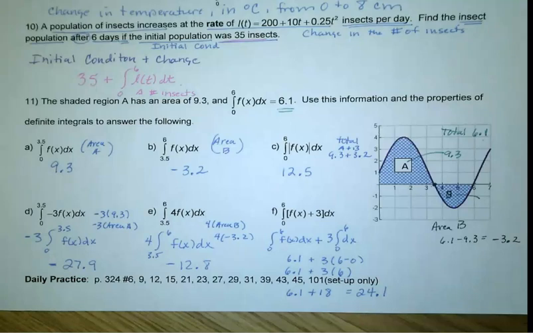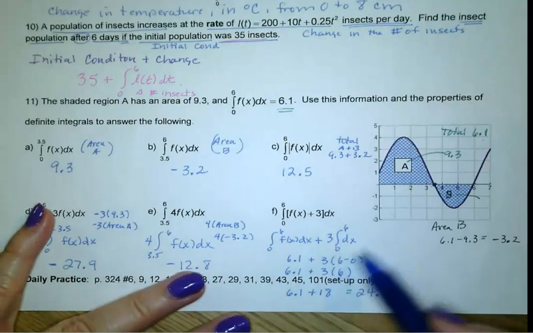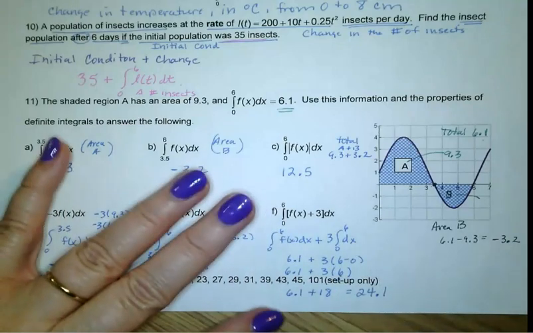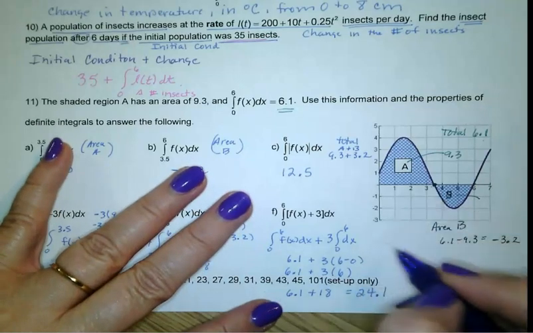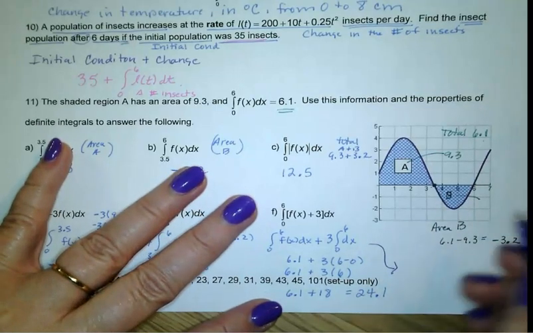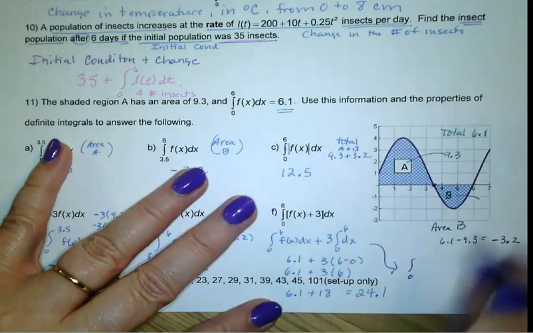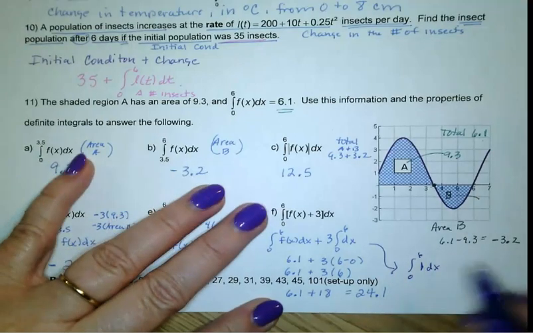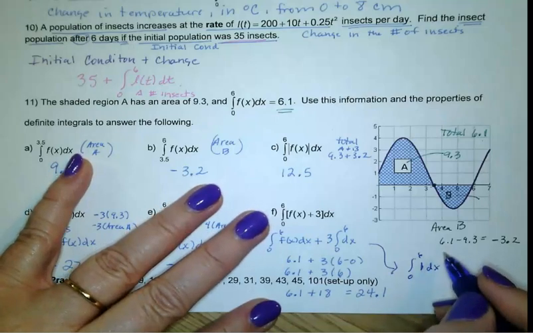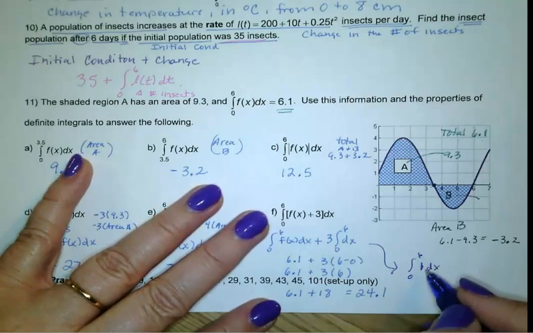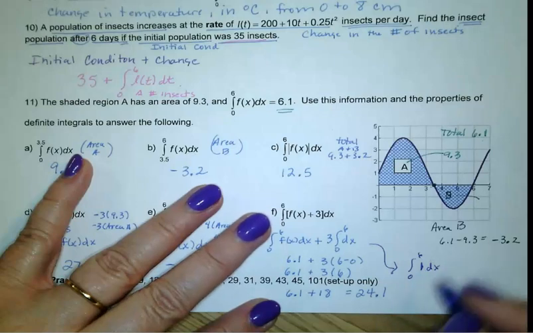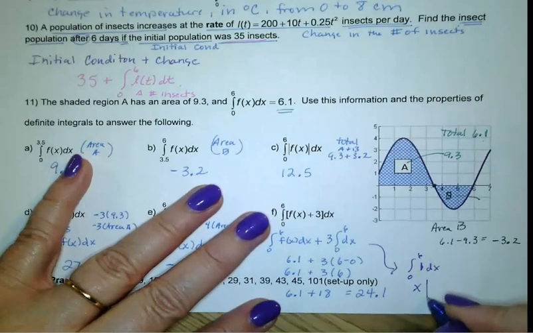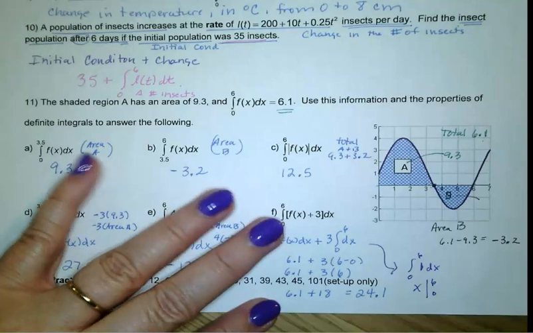You could also have used the fundamental theorem of calculus on this one. And if you were going to do that, then you would be going from 0 to 6, 1 dx. And so then when I find the antiderivative, that's 1x to the 0, so that just becomes x. And then we could evaluate it from 6 to 0.